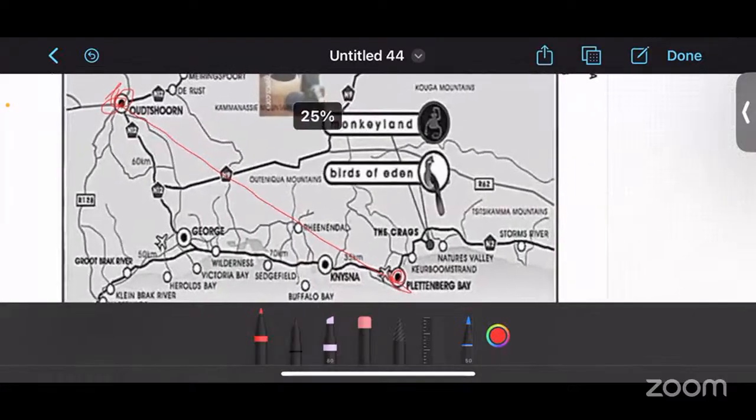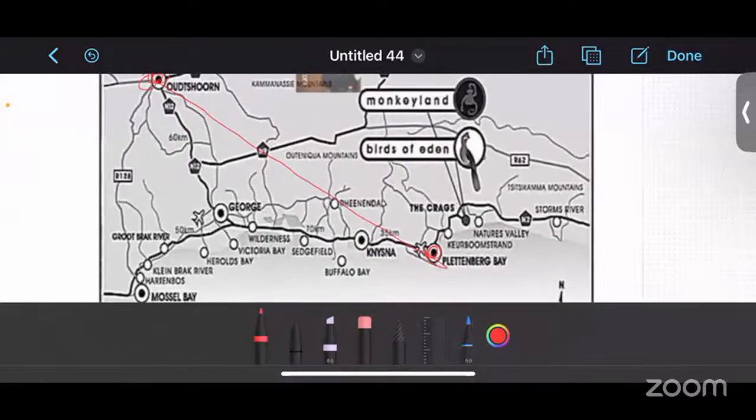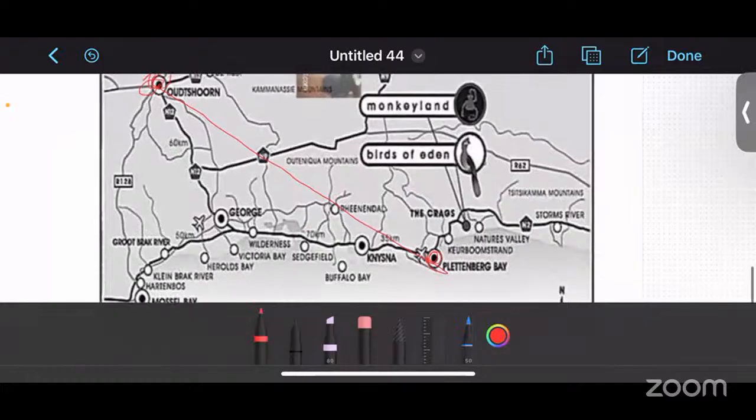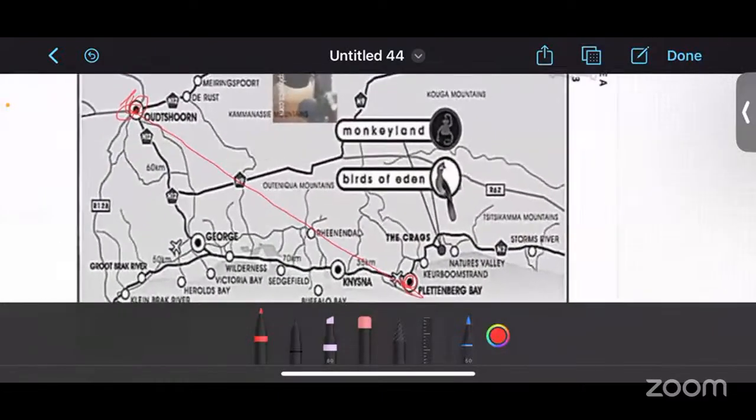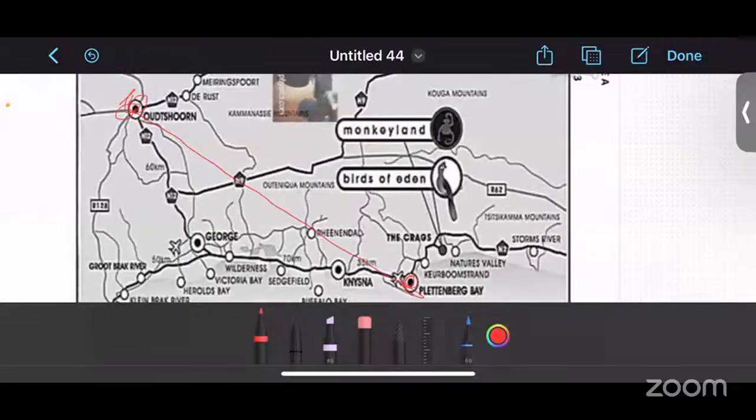Okay, guys, when you are looking at this map, how many airports do you see? 5, ma'am. Where's the first one?